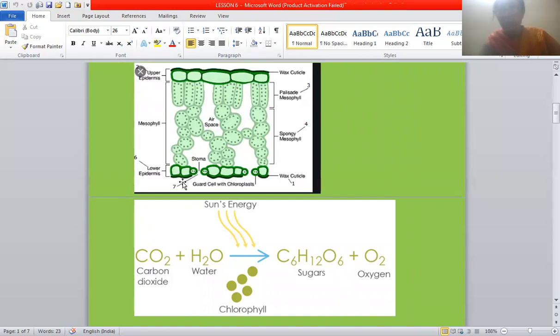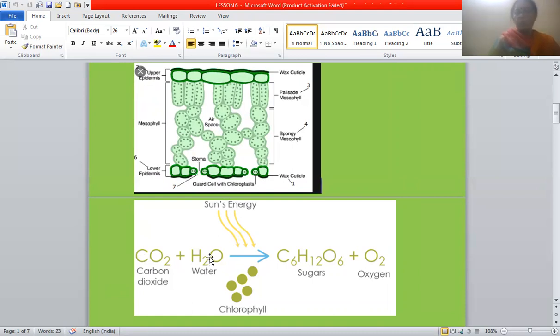These are air spaces, or we can say spongy mesophyll. This is again a wax coating. Here you can see the guard cells, and this opening is known as stomata. Stomata are usually present on the lower epidermis of the leaf, and they help in exchange of gases.